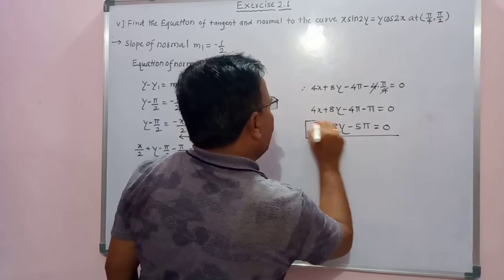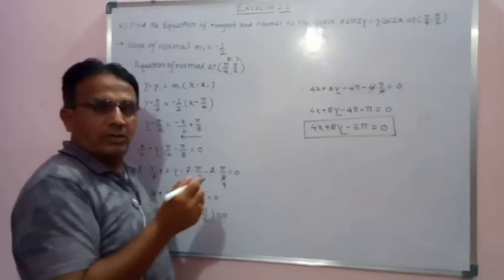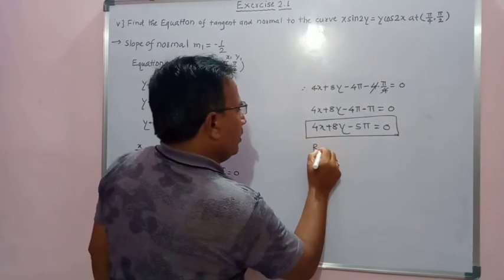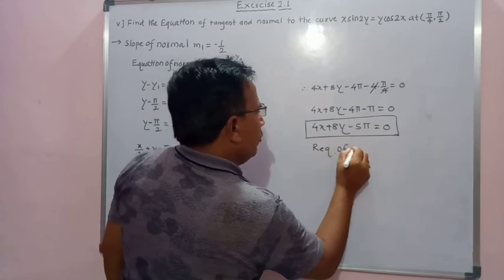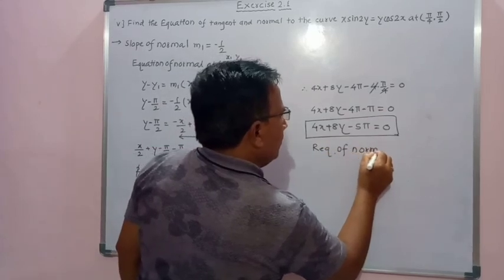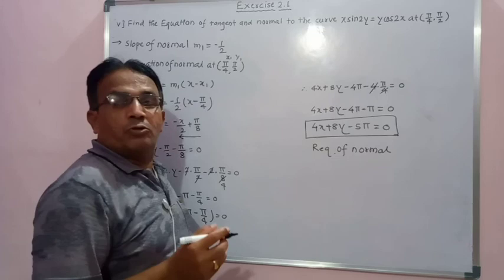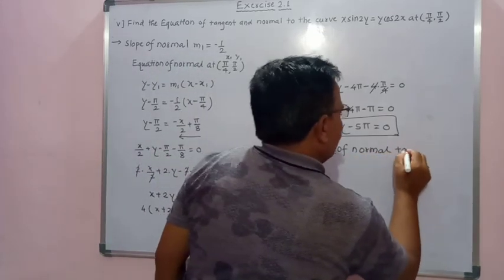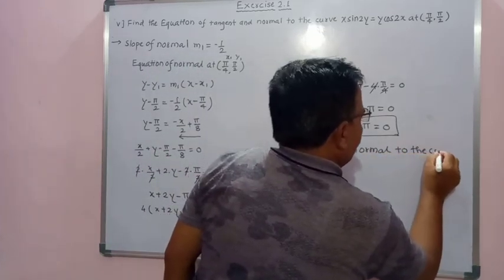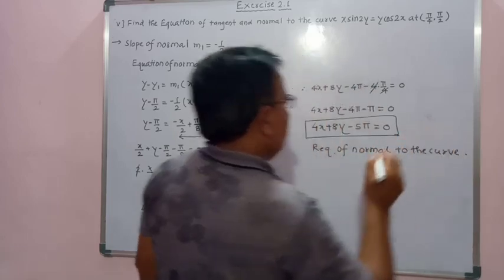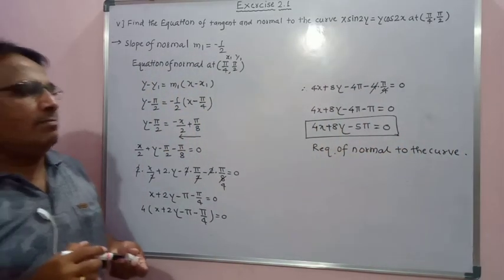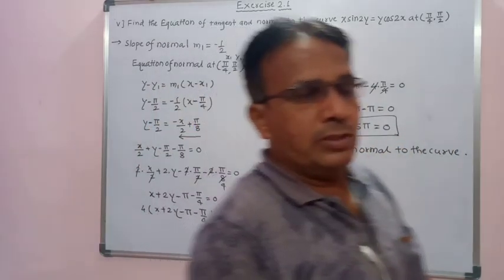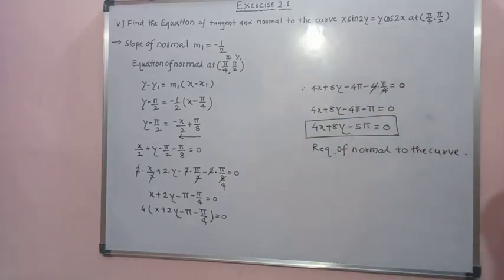This is the required equation of normal to the curve. 4x plus 8y minus 5 pi equals 0. This is the required equation of normal to the curve.